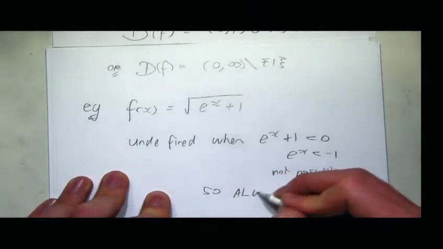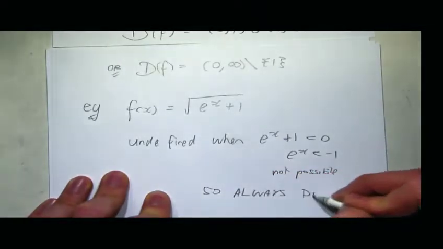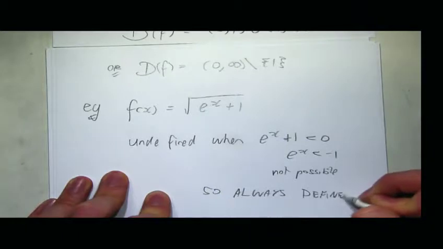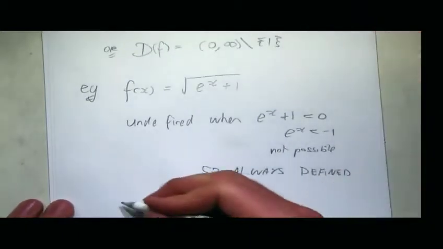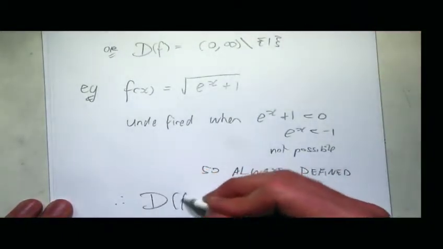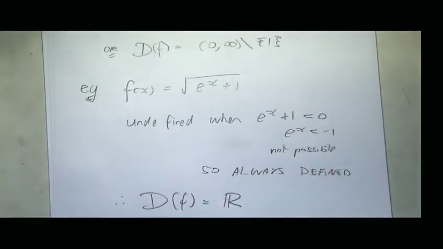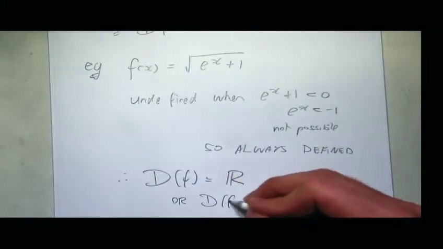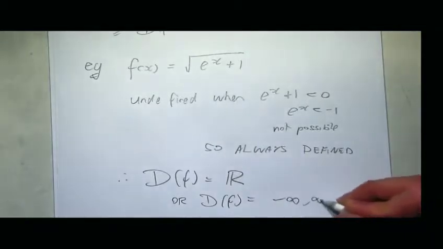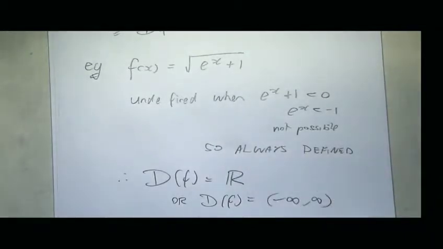So it's always defined. So therefore, the domain of f is all the real numbers. Which, if you really want to write it in interval notation, the domain of f is from minus infinity to infinity. But either one is fine.